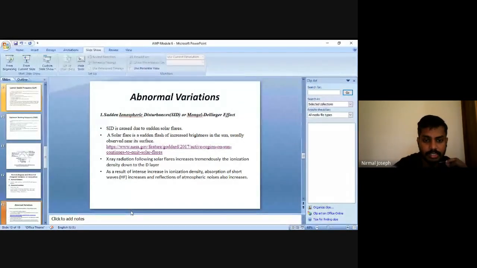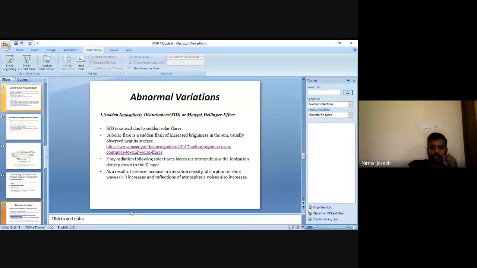These solar flares include X-ray radiations, alpha rays, like that. If X-rays and alpha rays are present, what will happen? It will ionize the ionosphere tremendously, so the ionic density in the ionosphere is going to increase tremendously, and this effect is so intense that up to the D layer it is getting affected.